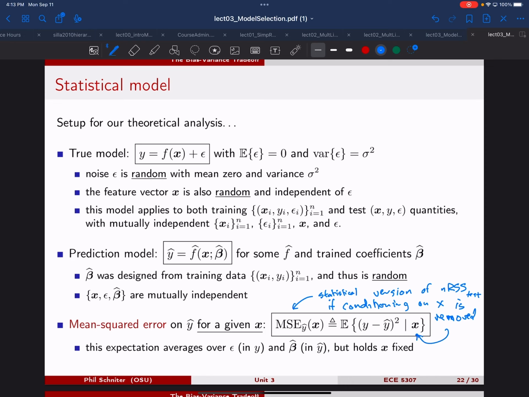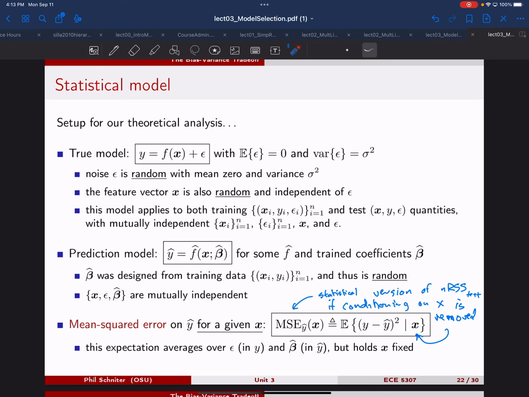Because when we condition on x, we are just looking at the error we expect for that particular test feature x. Whereas when we define this normalized test RSS, or any kind of test RSS, we're actually trying to do an average over our test set. And hopefully our test set is big enough to tell us what happens on average, not just what happens for a very specific feature vector x.